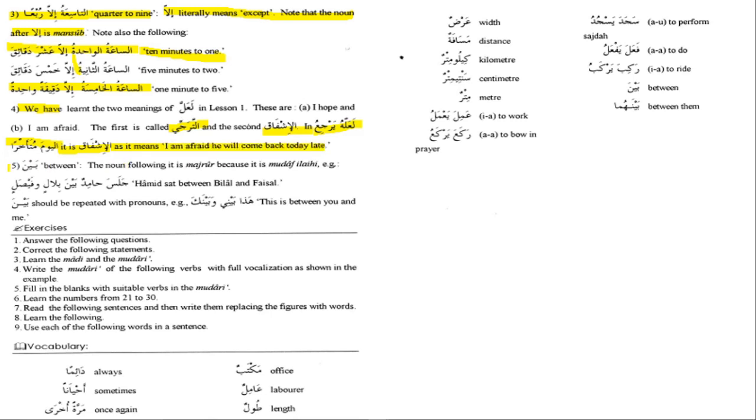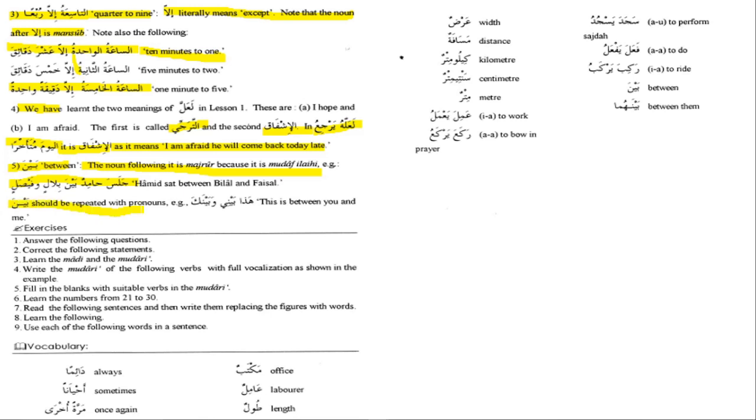The fifth thing you learned in this lesson is baina. Baina means between. So the noun following baina is majrur because it is mudaf ilayhi. Jalasa Hamidun bayna Bilalin wa Faisalin. Hamid sat between Bilal and Faisal. So bayna makes Bilal majrur, mudaf ilayhi majrur.